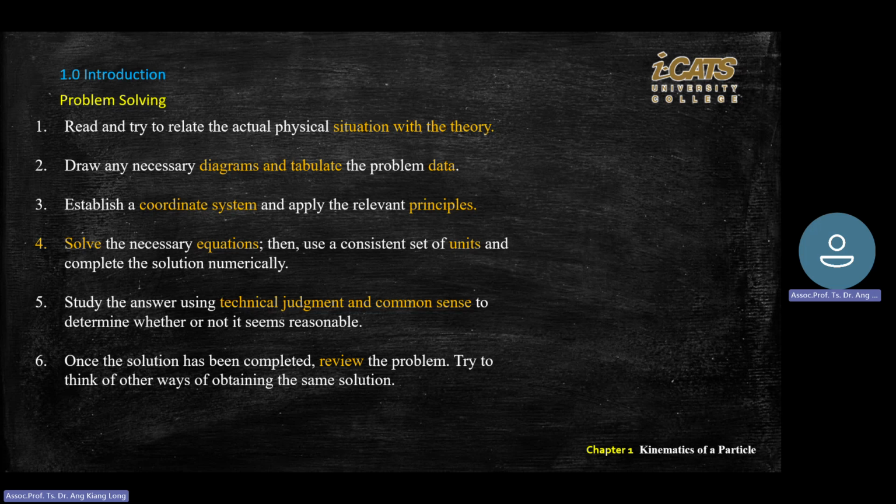Then you solve the equation. In this module, you need to solve simultaneous equations. Usually only a maximum of 3 equations, because you deal with X, Y, and Z. Simultaneous equations, you have to know. If you are weak in simultaneous equations, you need to polish up, right?